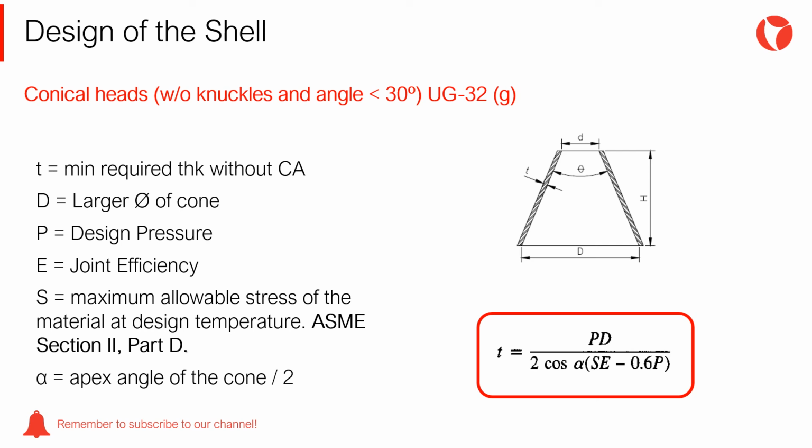The required thickness is a function of the inner diameter, the design pressure, the joint efficiency, and the maximum allowable stress of the material at design temperature. If angles bigger than 60 degrees are necessary, knuckles must be used in order to avoid large stress concentrations in the junction. This means using toriconical transitions.